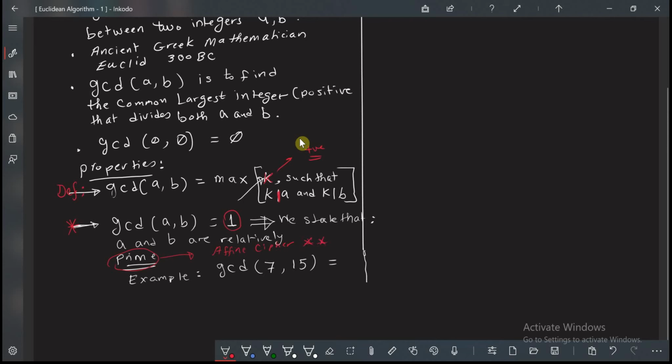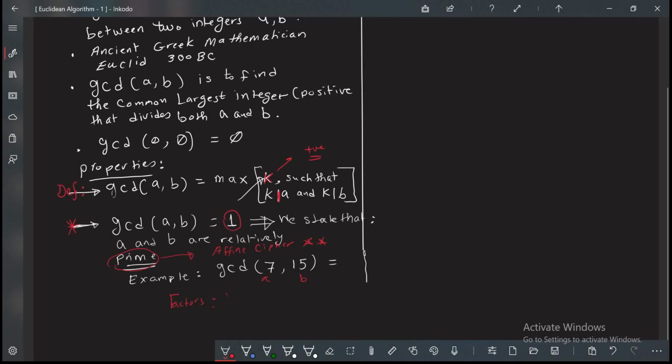Now let's take this example. You are supposed to find the greatest common divisor between, for example, 7 and 15. Both are integers, so this is integer a and this is b. Before we get into the algorithm itself, let's take a look at the number 7 and find its factors, the numbers that 7 can be divided by with remainder 0.